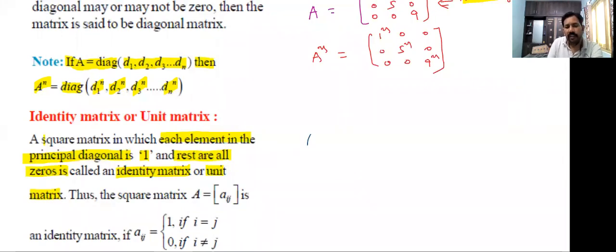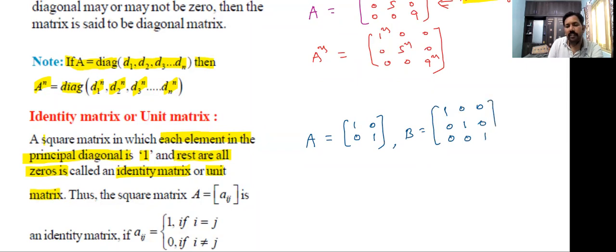See, students. A is equal to 1, 0, 0, 1. Next, B is equal to 1, 0, 0, 0, 1, 0, 0, 0, 1. This is a 3 by 3 matrix. This is a 2 by 2 matrix.